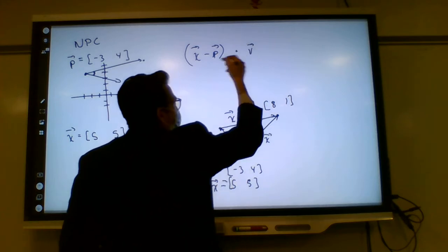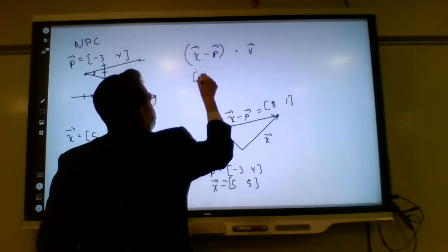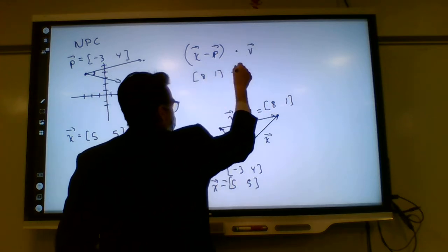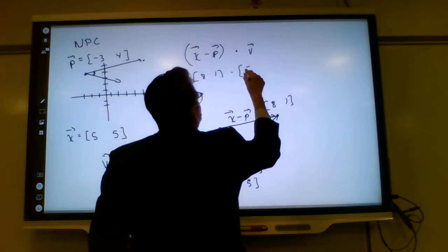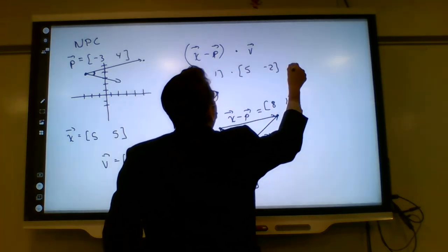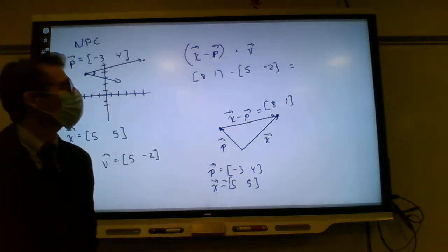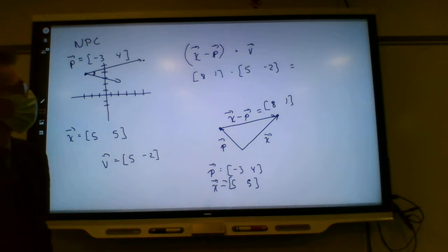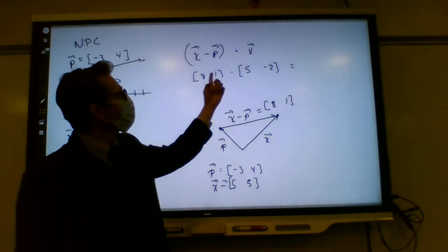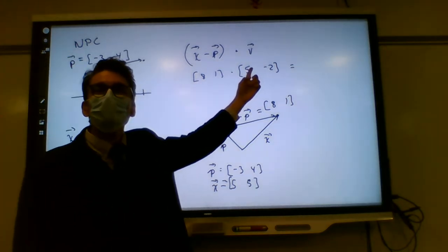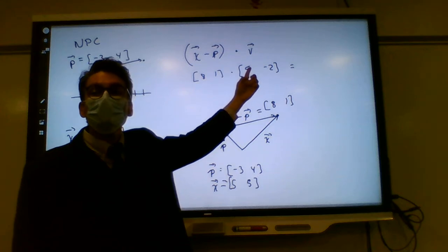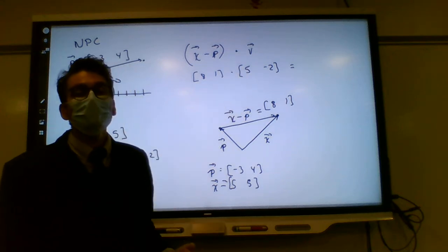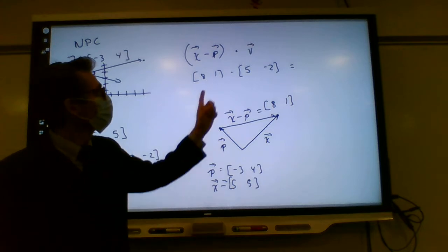All right, so what do we have in this case? We have (8, 1) dot (5, -2). What is the dot product of the vector (8, 1) and the vector (5, -2)? So we have 8 times 5, which is 40.